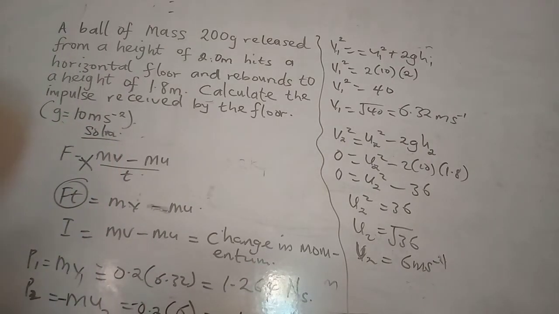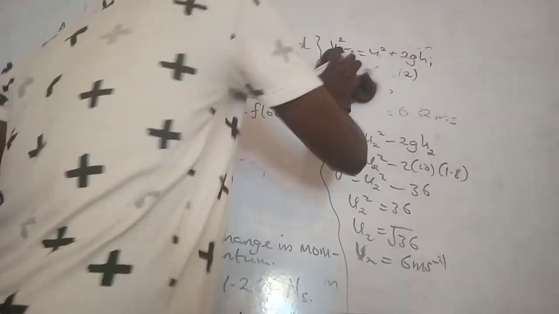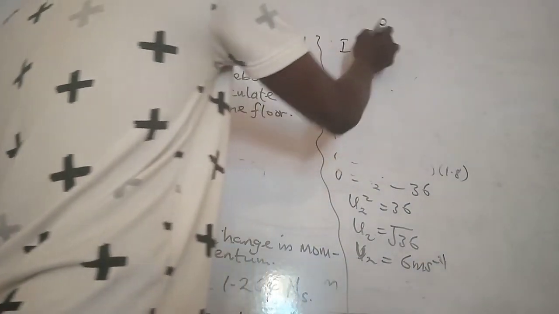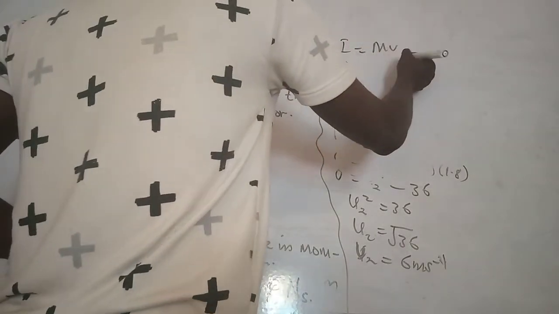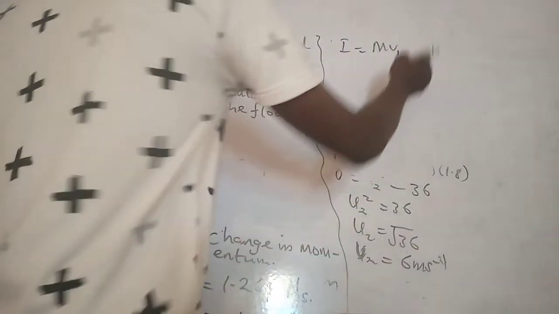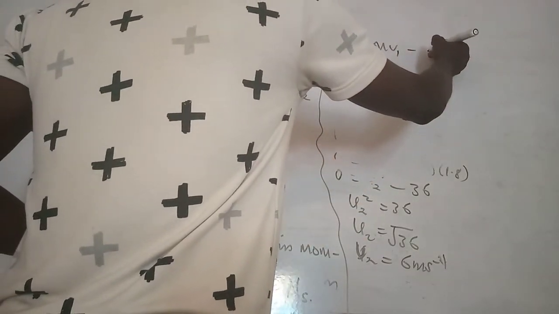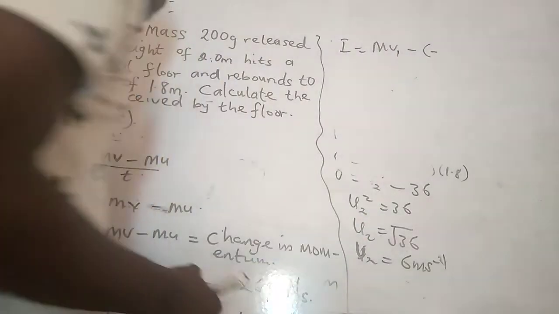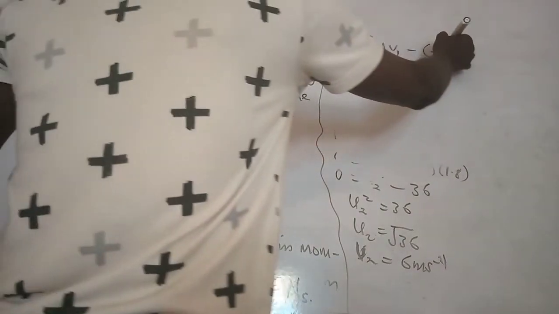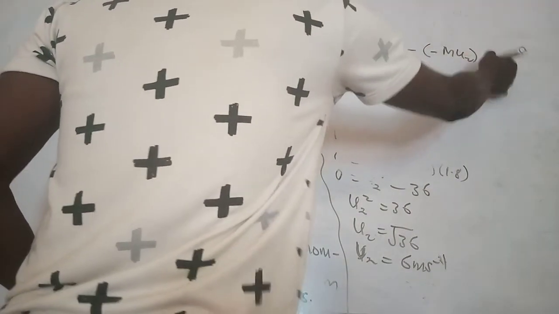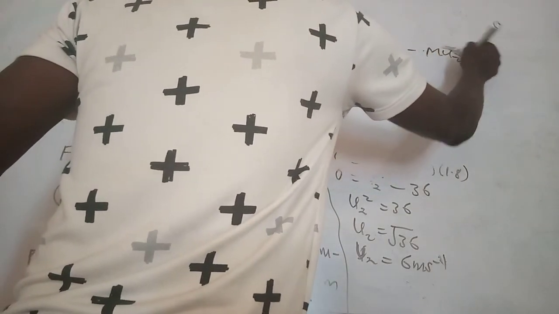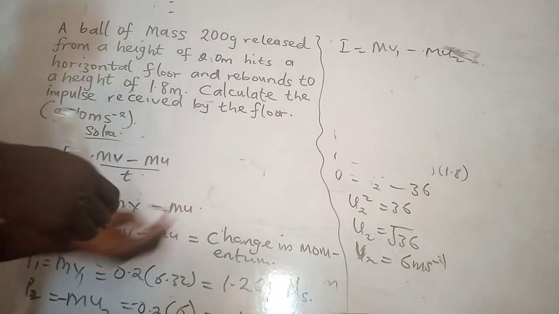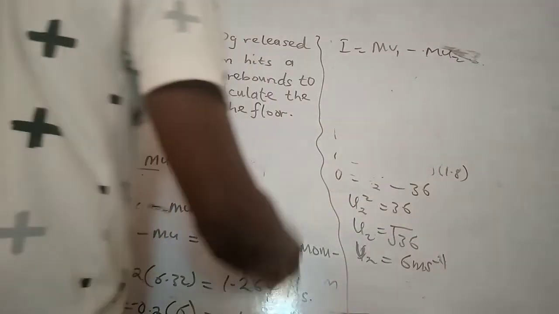Now remember that our impulse I is going to be equal to change in momentum. So I have mv1 minus mu2. That is the change in momentum. So I'll just apply all the values here.